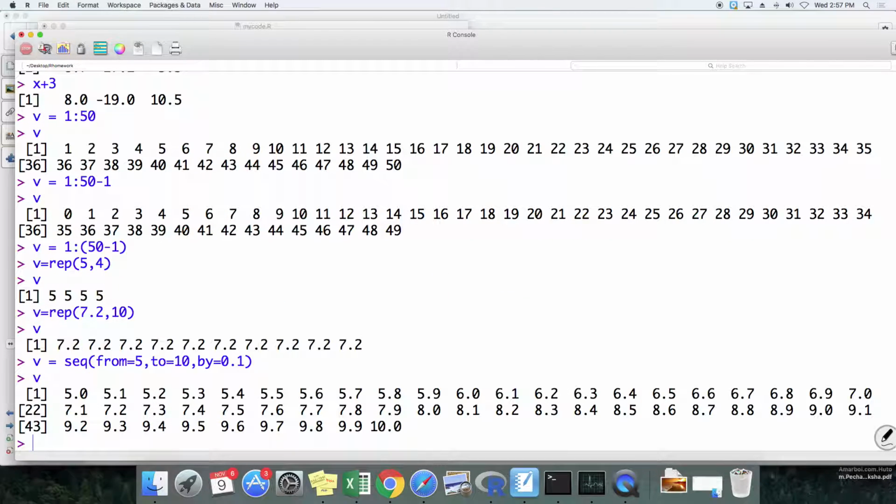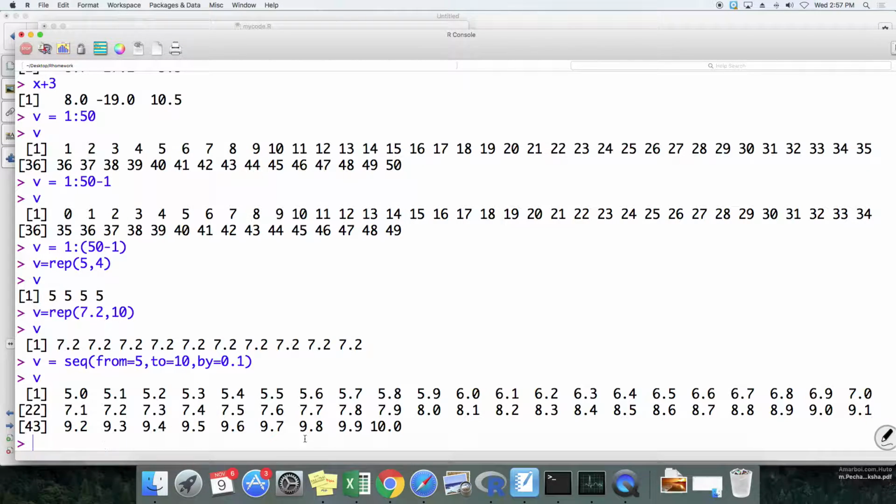Then v is the vector which starts from 5 right here, which ends at 10, and the distance between any two elements is 0.1, like 5, 5.1, 5.2, 5.3, etc.